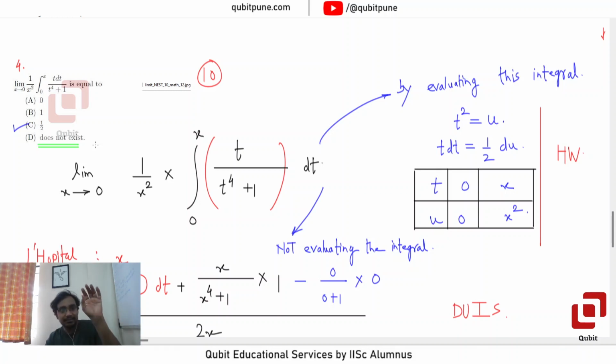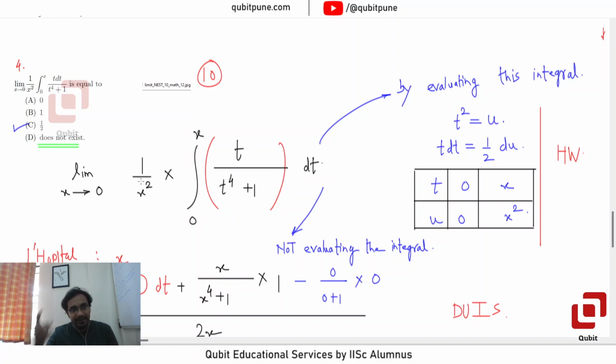So as far as the applicability of the rule is concerned, we know it's very well behaved. And secondly, although x is tending to 0, we have x squared in the denominator, which says no matter from which direction x approaches 0, x squared will always go to 0.